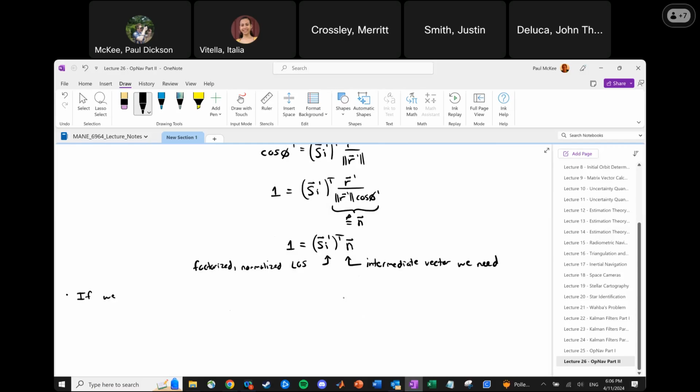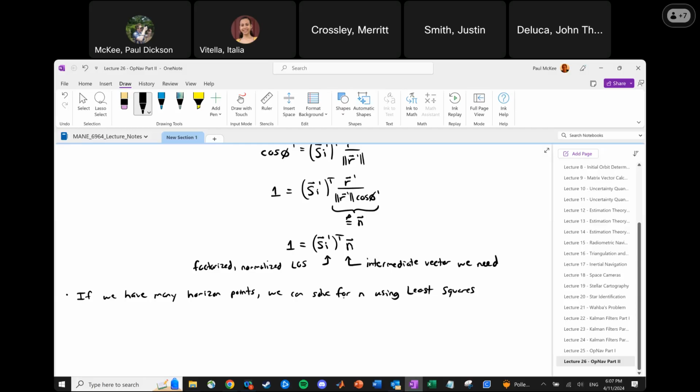So if we have many horizon points, we can solve for n using what else? Least squares. We understand that very well.